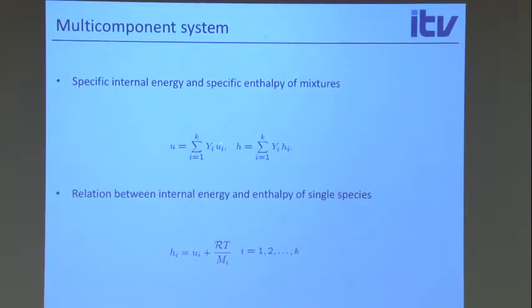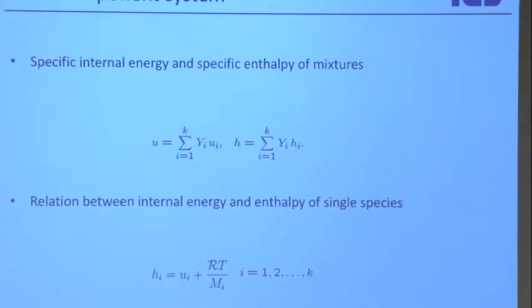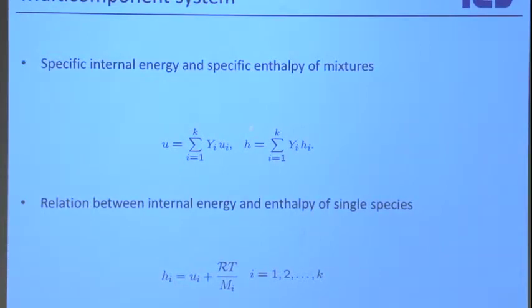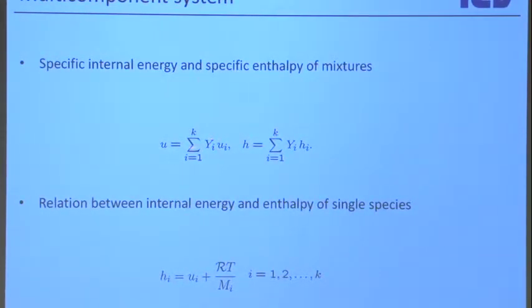Then we have an internal energy for each individual species and an enthalpy. This here is the specific internal energy, meaning energy per unit mass. That times the mass fraction, and the sum overall gives you the specific internal energy of the mixture, and also the specific enthalpy of the mixture.